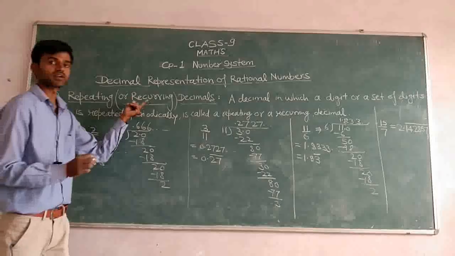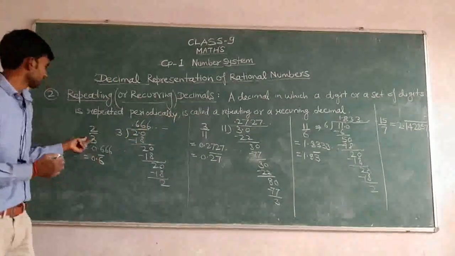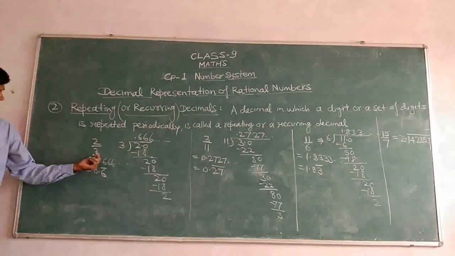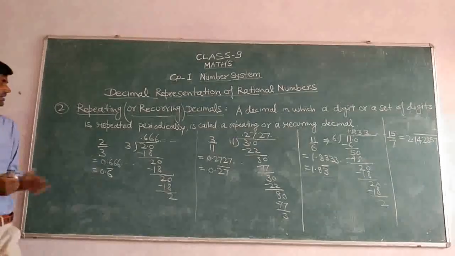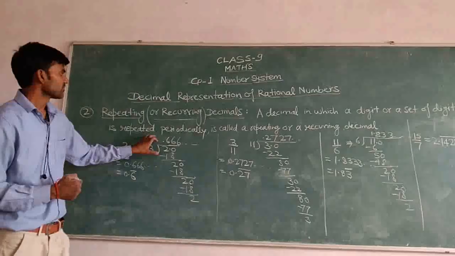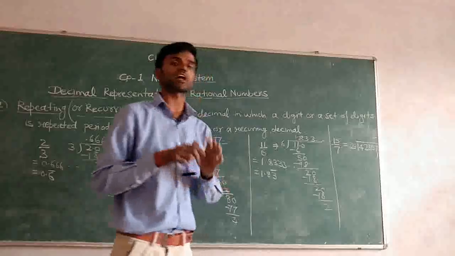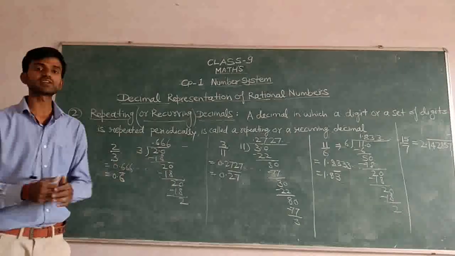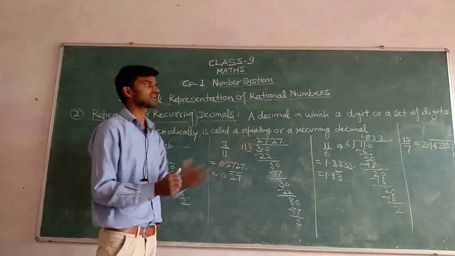When we divide a number whose denominator has a factor other than 2 and 5, it will never terminate. What is the definition? A decimal in which a digit or a set of digits is repeated periodically is called a repeating or recurring decimal.